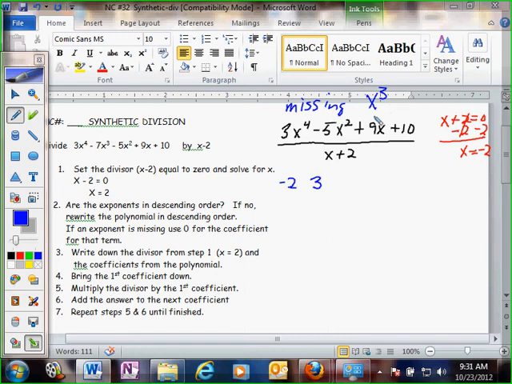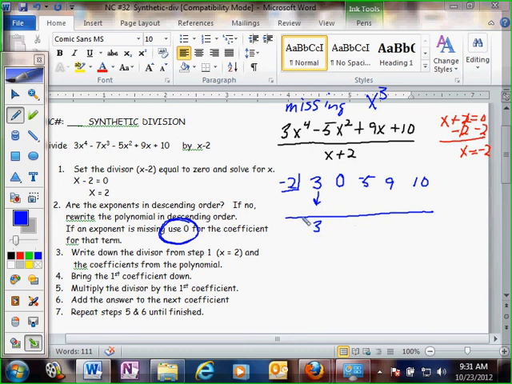Since I'm missing an x to the third term, when I'm writing these coefficients, I must, right here in step 2, put a 0 in there to hold its place. So I have -2, which is my divisor. Then I have 3, and I'm missing the x to the third, so I put a 0 as a placeholder. Then -5, +9, +10.